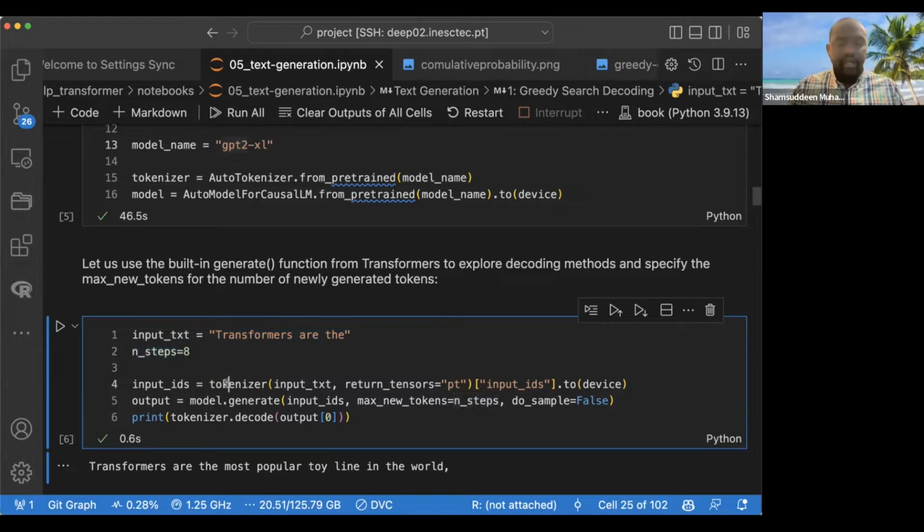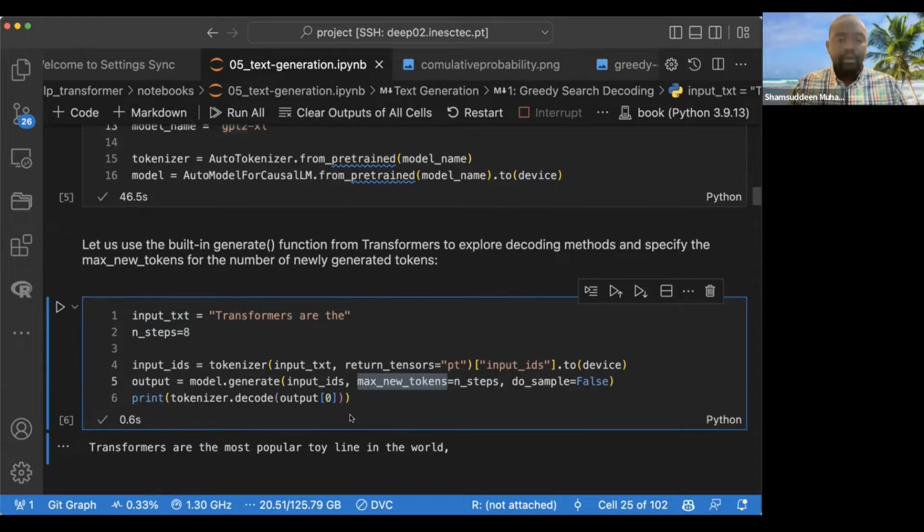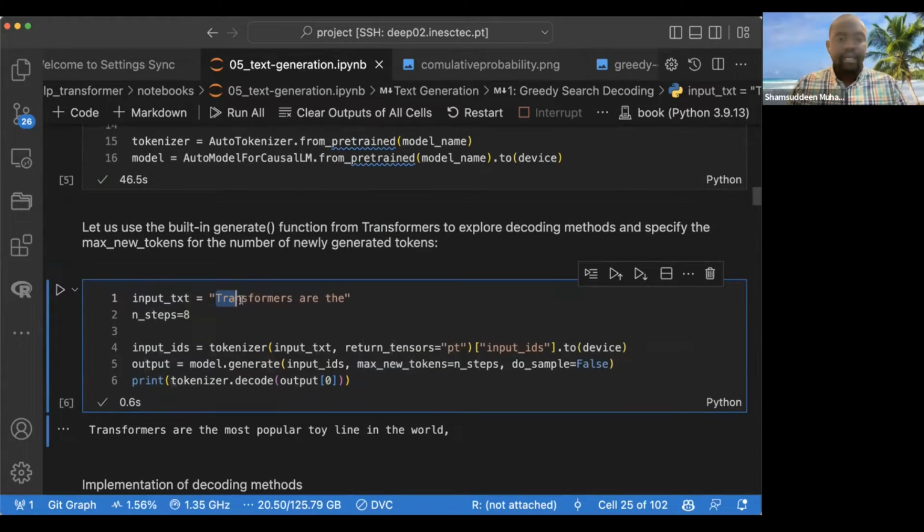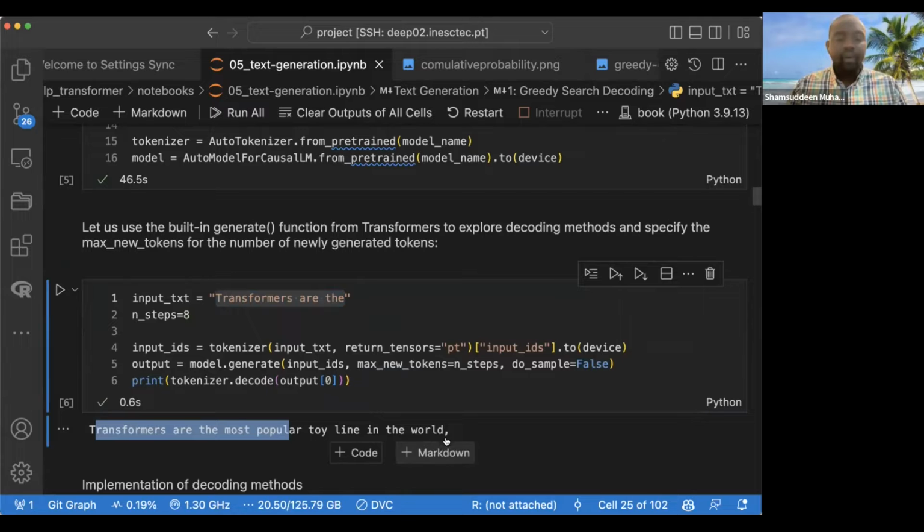We have the tokenizer and the maximum tokens, and when we run this, we can see the input text, and what it gives us is: Transformers are the most popular toy line in the world, right?